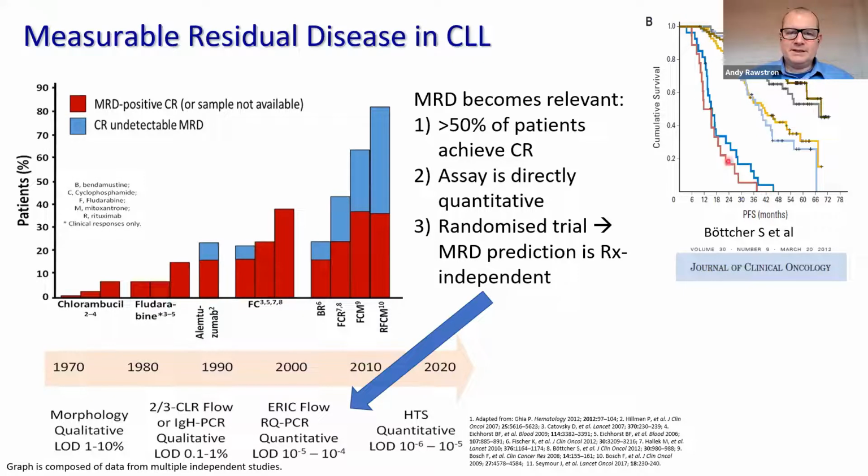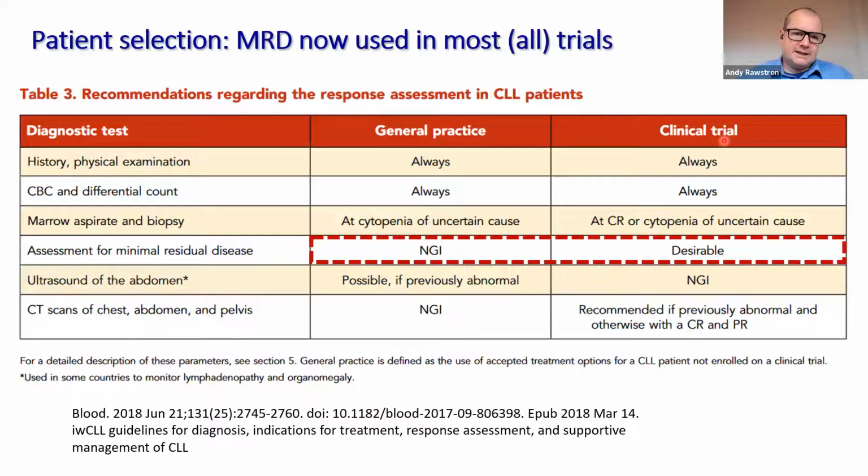And equally, those patients who had greater than 1% disease with either treatment had a very similar outcome. But about 2/3 of patients receiving FCR got into this good risk group, whereas 2/3 of patients with FC were in the poor risk group. And so at that stage, it was considered that MRD assessment, although not quite ready for clinical practice, should be used in all the clinical trials.